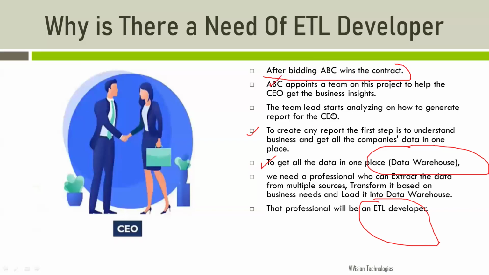They are going to take the insights or inputs from the CEO, analyze the data, and create the reports. First we need to extract the data from multiple sources, transform it, and keep it into the data warehouse. From the data warehouse, we are going to take the data and generate the report.